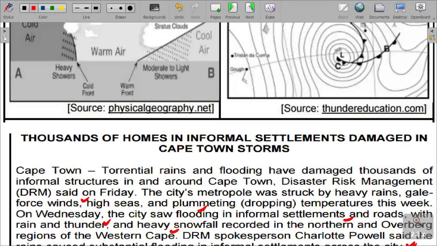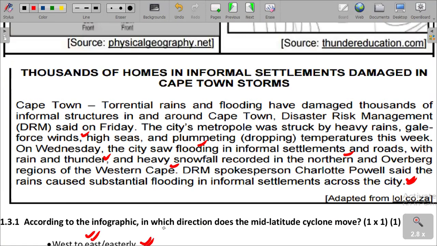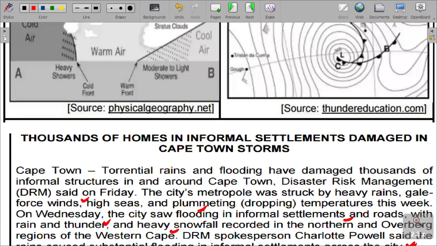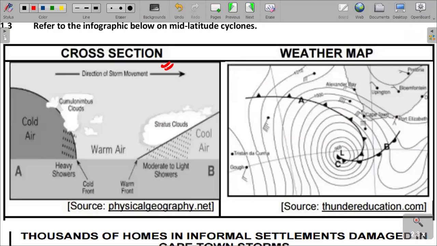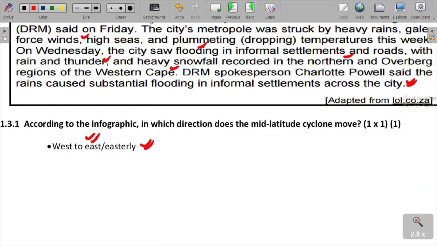It is moving from west to east, which we can say is an easterly direction. The infographic shows the direction of the storm, and the direction of movement we are having here is west to the east.